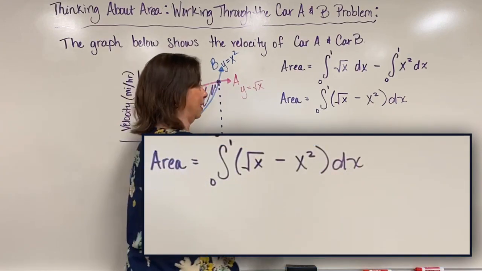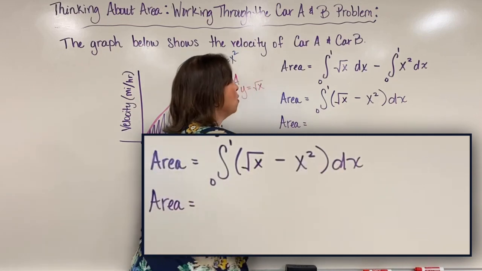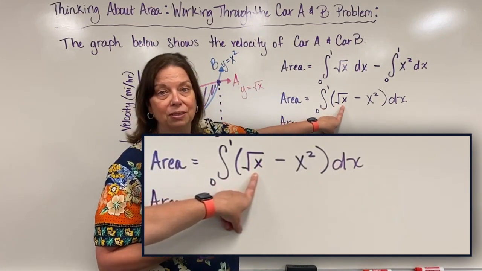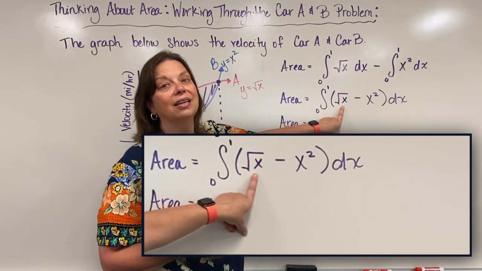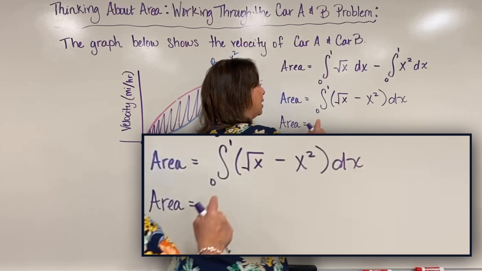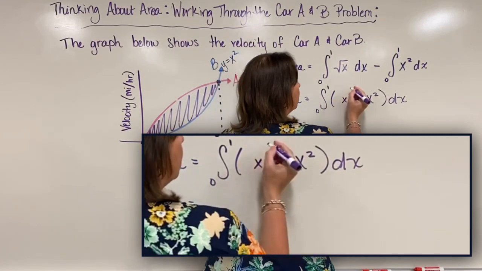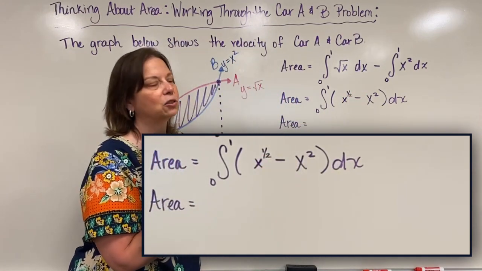So now we continue on with our integration process, and you might notice that when I need to take the integral of this term, square root of x, it might be really nice to have that as a power. So how about we rewrite, instead of square root of x, x to the 1/2 power and then minus x squared.